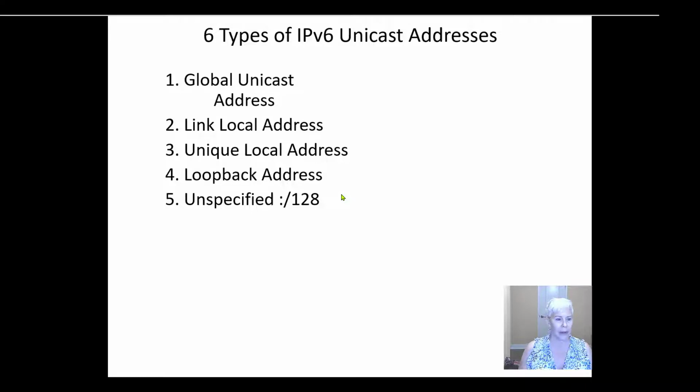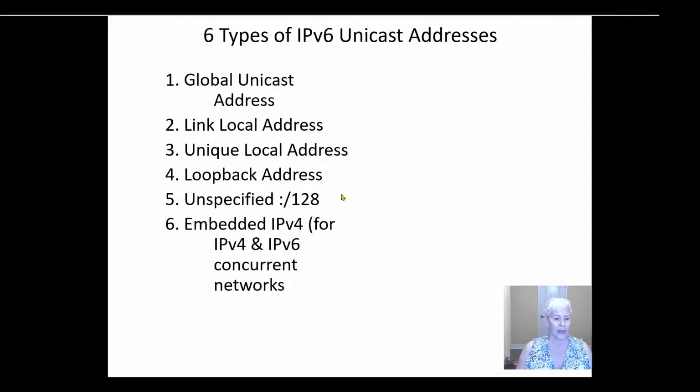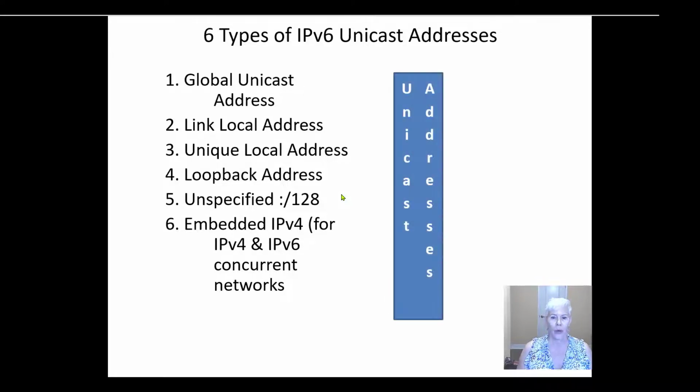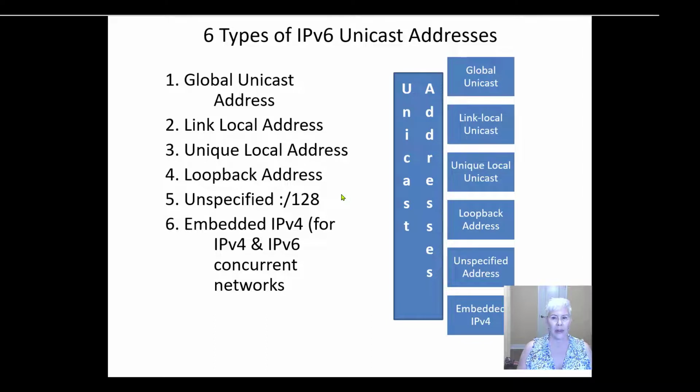I'll talk about that a little more. And number 6 is an embedded IPv4 address. This embedded IPv4 address is used when you're running both an IPv4 and an IPv6 network. So our unicast addresses: global unicast, link local, unique local, loopback, unspecified, and embedded.